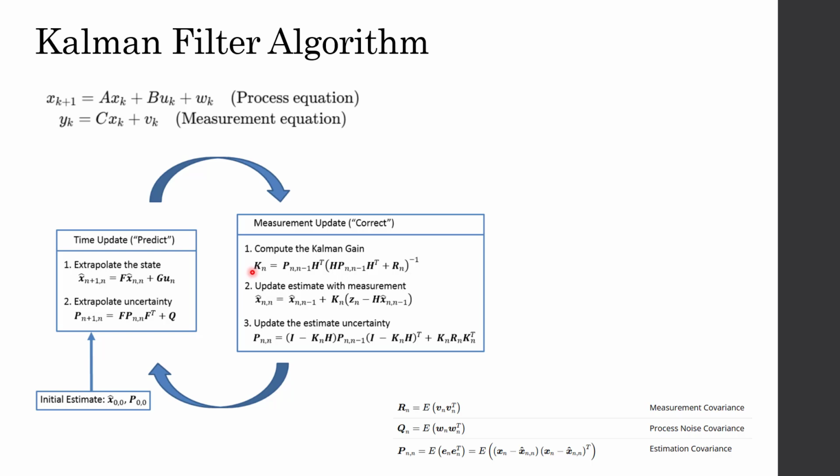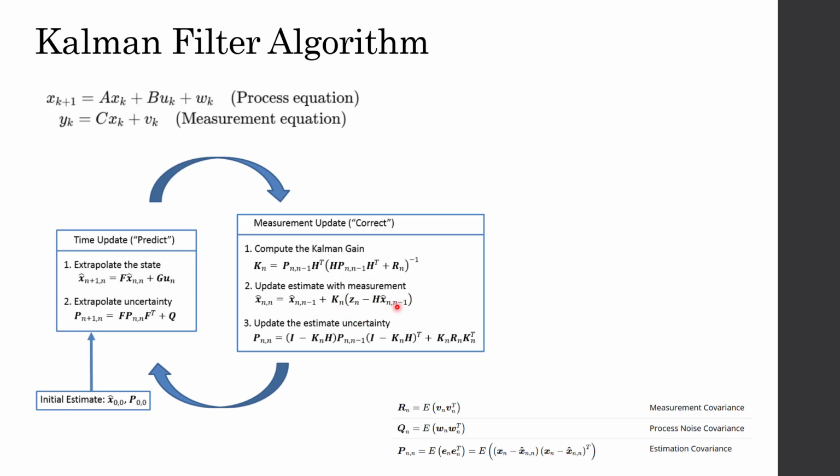And based upon the Kalman gain, it estimates the state variable. Here the Kalman gain is basically a weighing coefficient which gives weights to the measurement versus the process model.